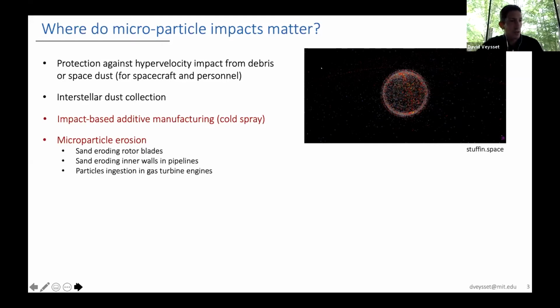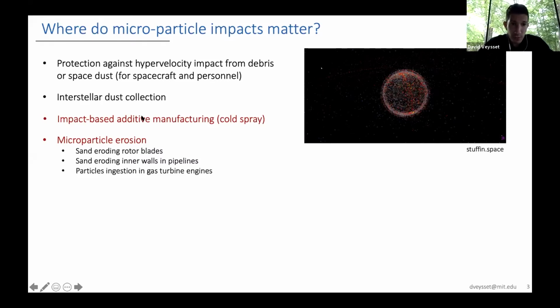I was also interested in microparticle erosion and how it can damage structural materials, such as eroding rotor blades or inner walls in pipelines carrying oil. Also, they can present a threat to gas turbine engines.